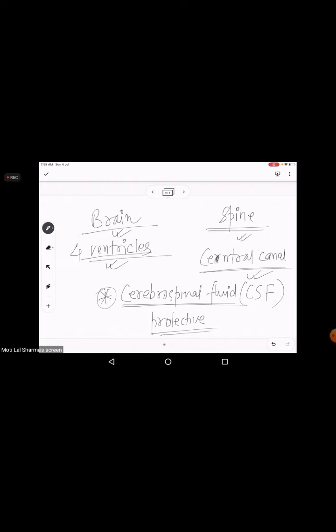Now we were talking about the brain again. I told you there are four parts, of which the lowermost part is the brainstem, and this brainstem has three parts. The topmost part is the midbrain, below that we have the pons, and below that we have the medulla.